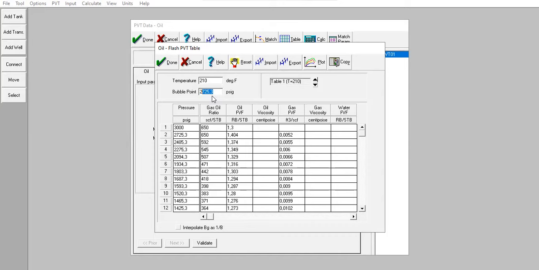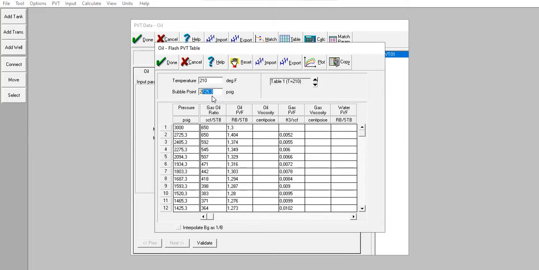We can have zero gas cap downhole ratio because the initial reservoir pressure is still the same as the bubble point pressure. If your initial reservoir pressure is below the bubble point pressure, the gas will bubble up and you will have gas cap. The reservoir will be in saturated condition.